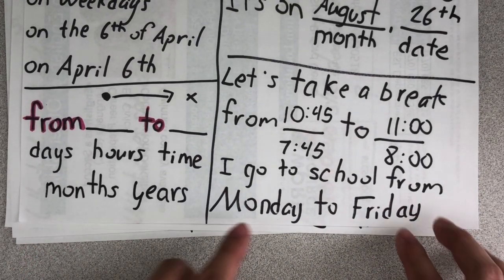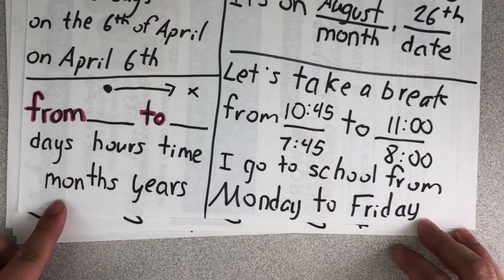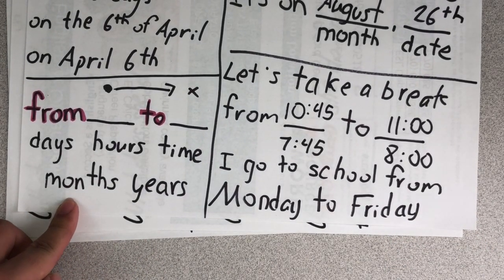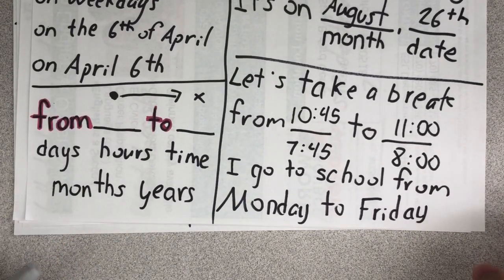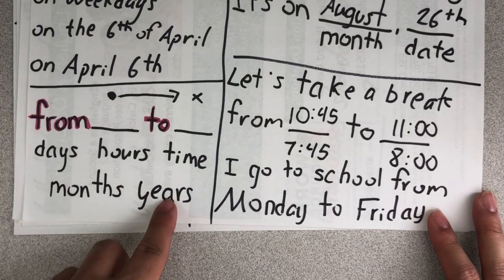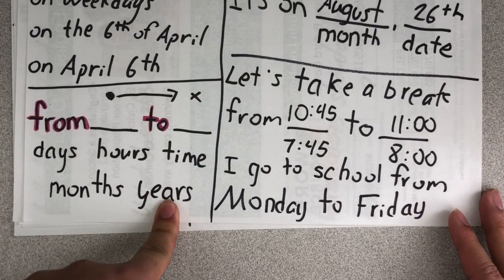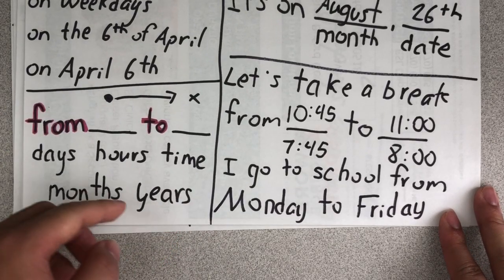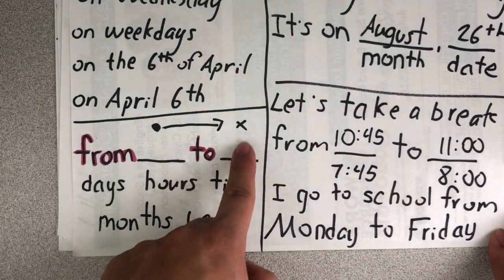Or, I go to school from August to December. I go to school from January to May. I work here from 2010 to 2015. From to. Start here, end here.